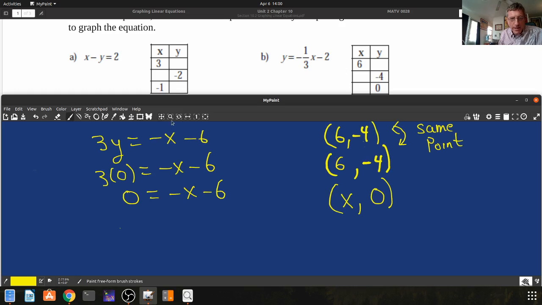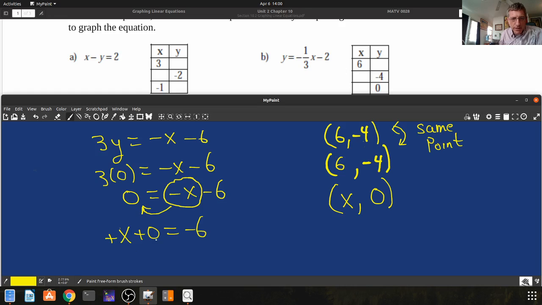So I want my x to be positive and all by itself. So one way to accomplish that is to take this minus x term and move it to the other side. And when I do, it becomes positive. So I get plus x plus 0 is equal to minus 6.